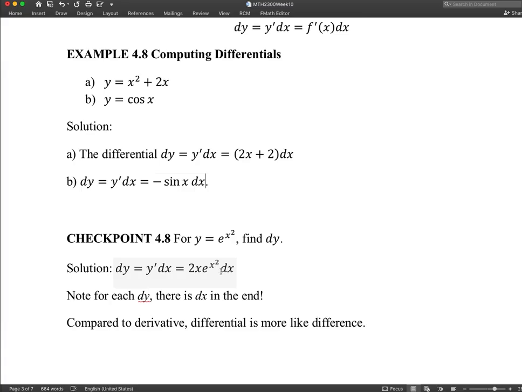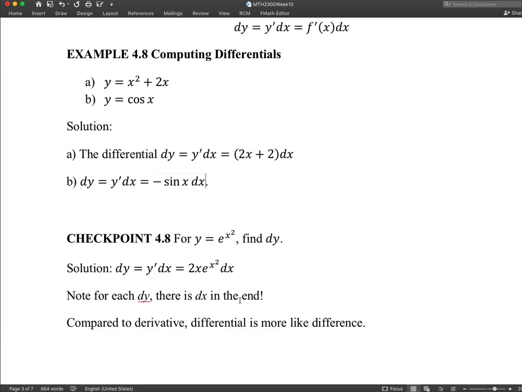And so this is what I wrote here. Note for each dy, there is dx in the end. It should be good. Also, calculus is mostly the study of limits, derivatives and integrals. So far, mostly we are doing derivatives.